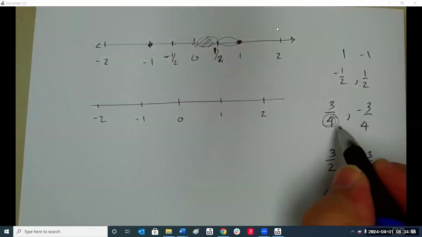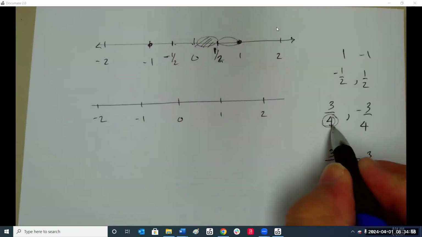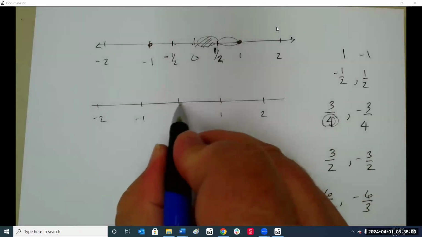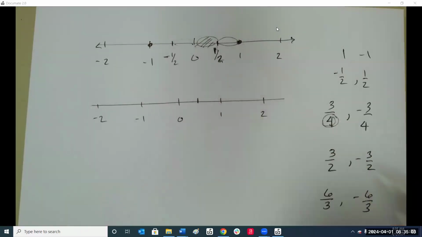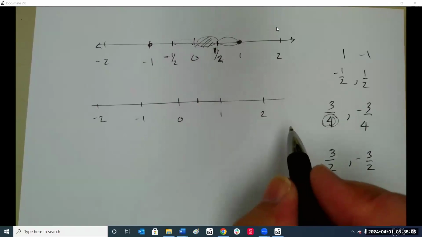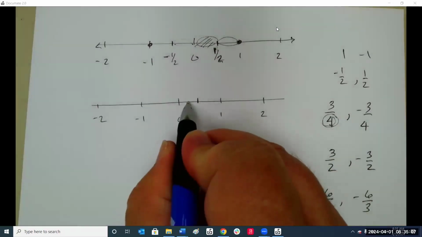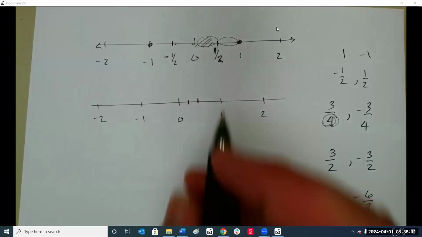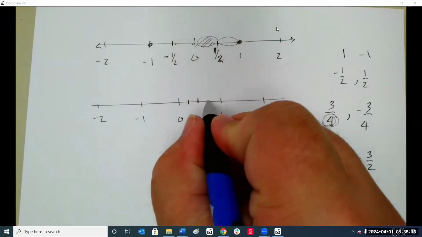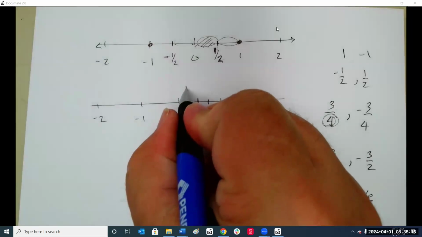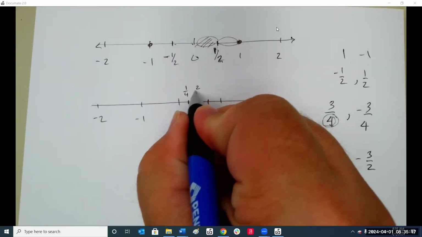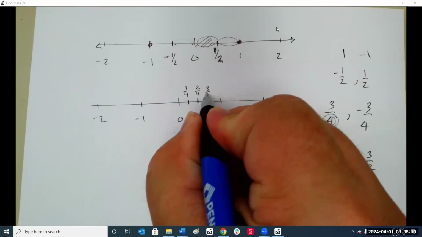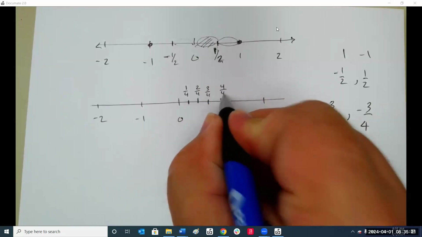Okay, so let's look at this. We have to have four spaces. So first off, we know the half. It's halfway between there. Then we have to define that half of a half. That's gonna be your first difficult part. A half of a half is a fourth. So this is 1/4, this is 2/4, this is 3/4, and that's 4/4.